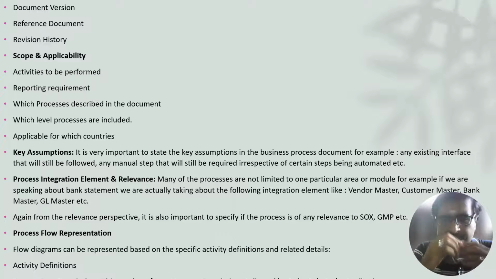That is very important. Then we need to document which processes described in the document are applicable to the scope and availability. Whether it is available currently or not, or whether any changes have happened. Those kinds of things you need to describe, and which level of process is included.